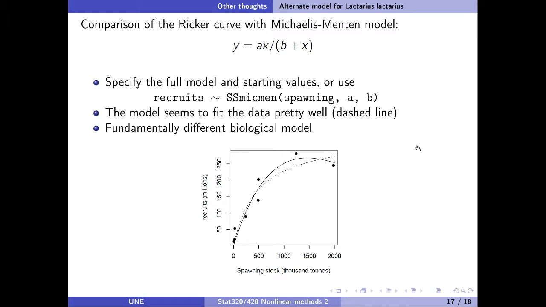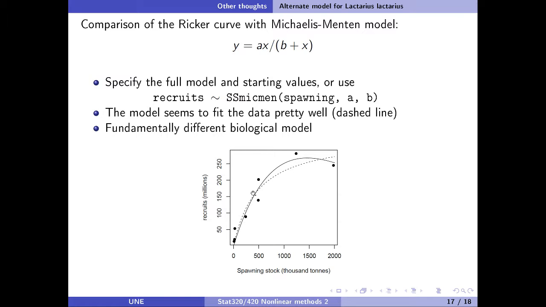You'll get a certain number of recruits, and at some point you'll have essentially diminishing returns, that even if you increase the spawning stock, you won't get any more recruits. This would be relevant if you were to ultimately get to carrying capacity, but you don't have that possibility of crashing your population.